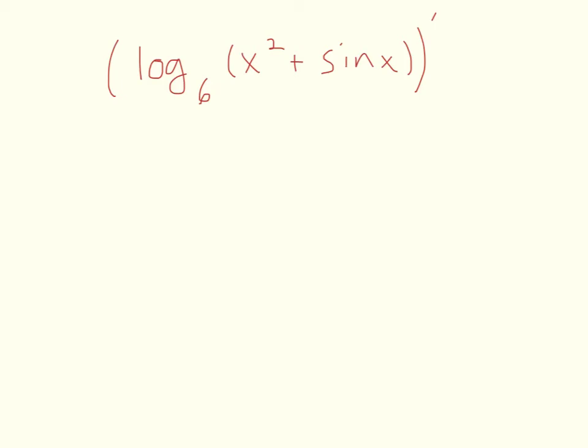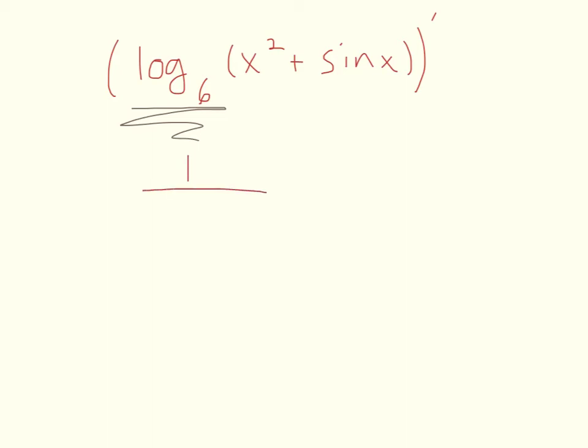Okay, let's just do one example where we use the chain rule together with one of those formulas. Press pause while you work on the derivative of this function. Okay, so log base 6 of x is the outside function. So we take the derivative of the outside and plug in the inside.